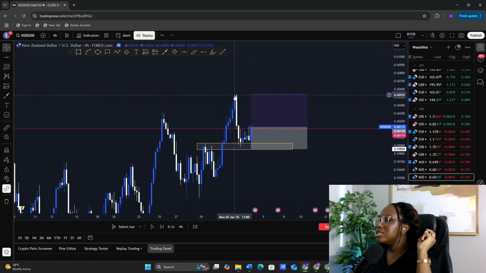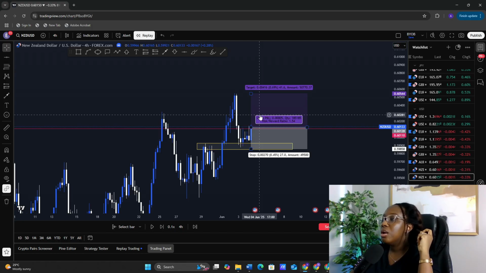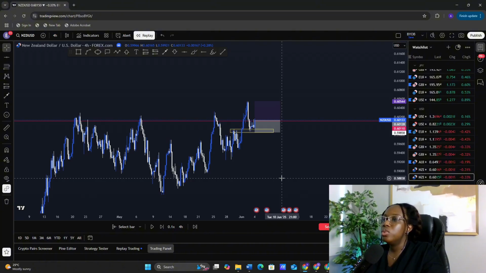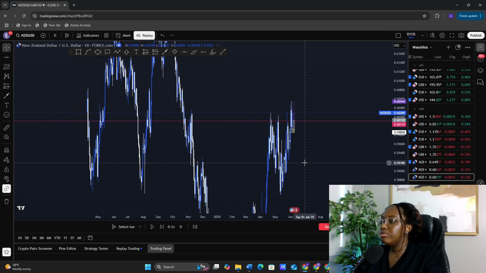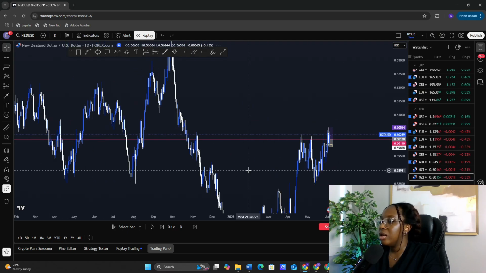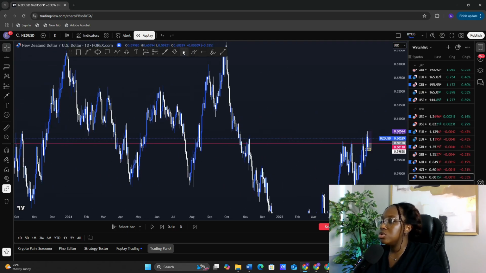Now for the target, the previous high was going to give me a 1 to 1.5 RR. So I was like, you know what, let me go up to the higher time frames to see if there's a zone where price could potentially go higher off of, so it gives me a better risk to reward. I went up to the daily time frame to identify a potential zone. I got out my horizontal line and started to move it like this.